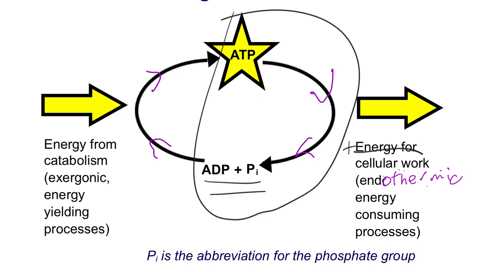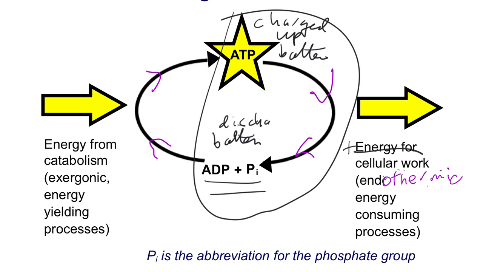Now, so this is a charged up battery. Think about it like that. This is a battery that's discharged. We can charge up the battery again by adding energy to it and turning it back to ATP.